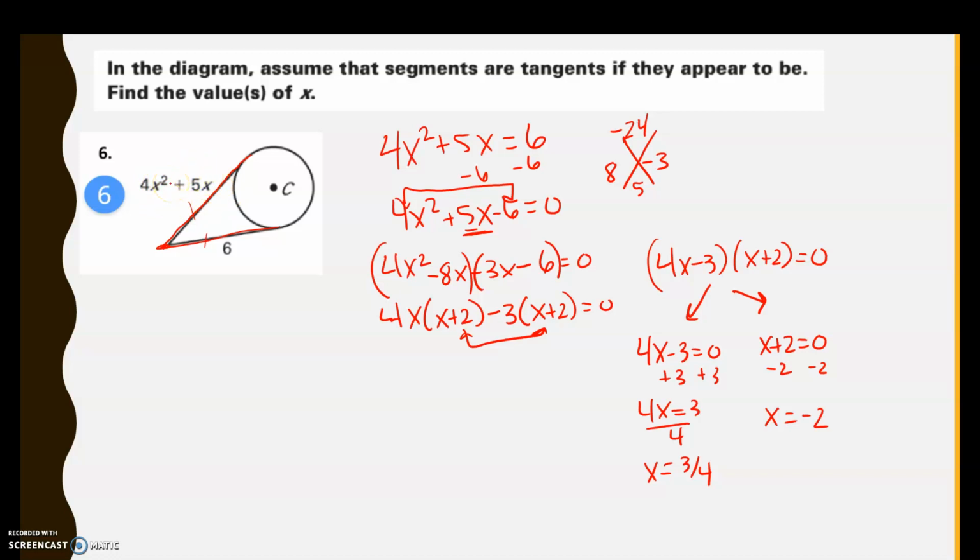So I get 4 times negative 2 squared plus 5 times negative 2, which is 4 times 4 minus 10. 16 minus 10 is 6. It's a positive value, so I'm okay. I have two answers here, 3/4 and negative 2.